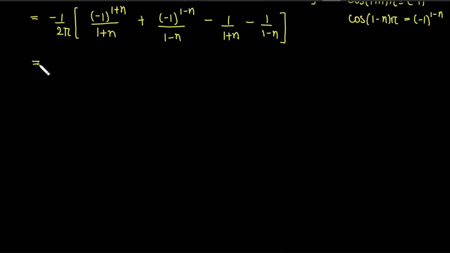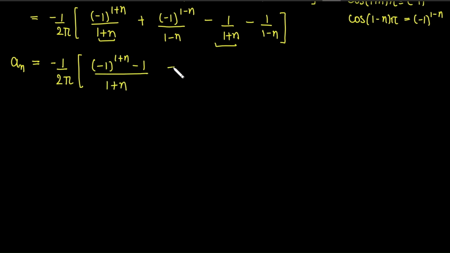This is further equal to minus 1 upon 2 pi, club these two terms, that is minus 1 raised to power 1 plus n minus 1 upon 1 plus n plus minus 1 raised to power 1 minus n minus 1 upon 1 minus n. That is a combination of these two terms.